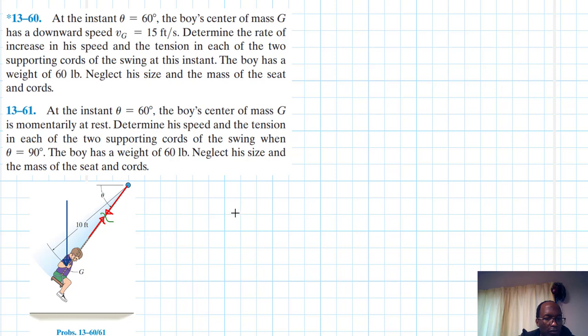What else do we have? Of course, we have two coordinates that we're dealing with. We have the normal coordinate, positive going up like this, and another coordinate in this direction, perpendicular to the normal, which is our tangential coordinate.